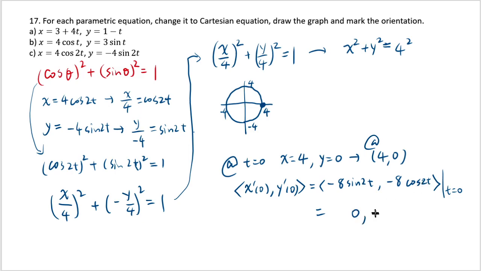Cosine 0 is 1, so you get negative 8, which is a vector that's pointing downwards because you have negative in the y direction, x is 0, so it's a vector pointing downwards, which means that the velocity vector at 0 is pointing downwards, which means that it must be rotating clockwise. So the curve must be rotating this way. The orientation is clockwise.